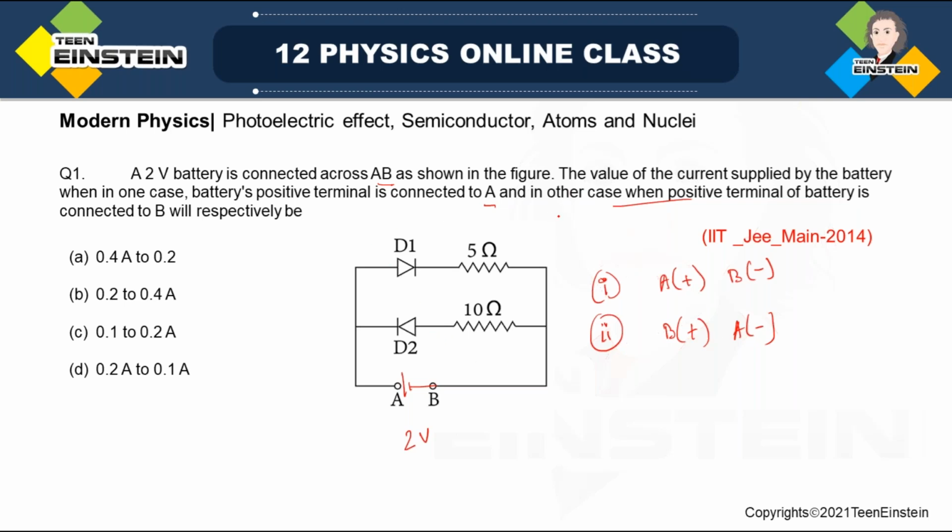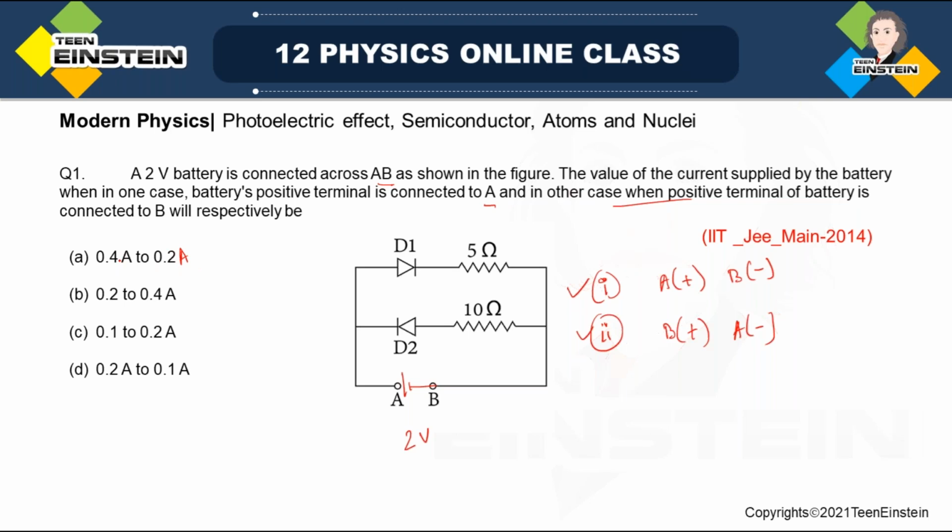Now you have to find out the value of the current supplied by the battery in two cases respectively. See, the options are 0.4 ampere to 2 ampere.